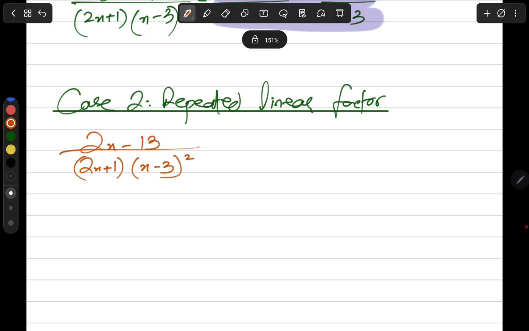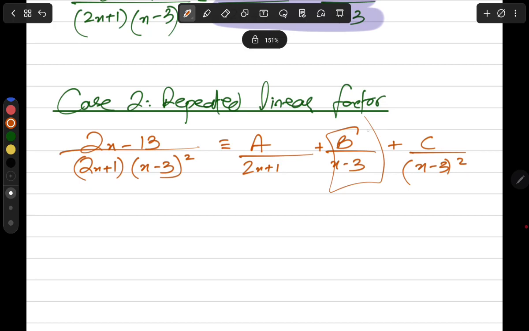So now we are going to have 3 fractions. One fraction is a upon 2x plus 1, the other would be b upon x minus 3, and the third would definitely be c upon x minus 3 whole squared. Now there is a possibility that b becomes 0 and this doesn't exist, but nonetheless there is a possibility, right?